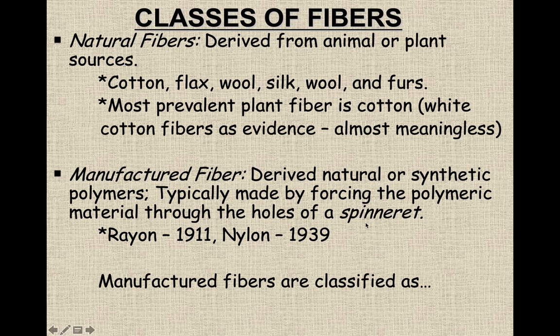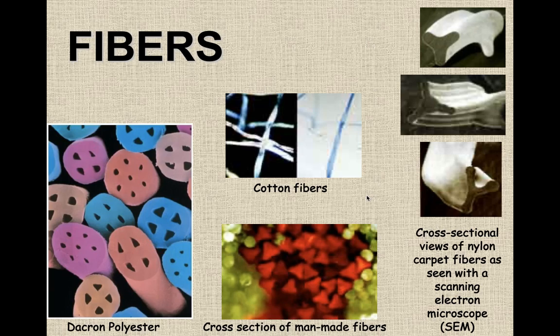Manufactured fibers are fibers that are made in a factory. Very typical ones are nylon, polyester, and rayon. They're basically made chemically and forced through a machine called a spinneret. The spinneret is what gives you these shapes that we have here.